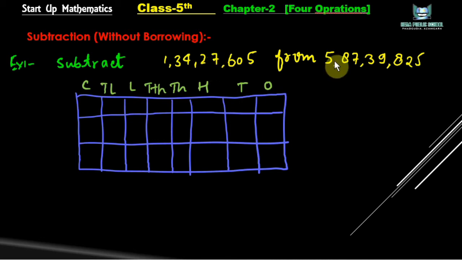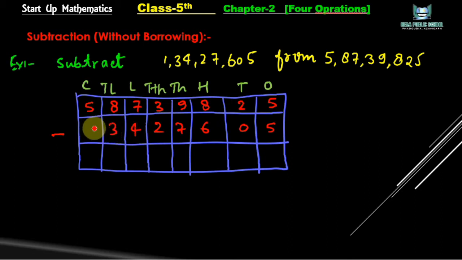So we put minuend 5 8 7 3 9 8 2 5 minus subtrahend 1 3 4 2 7 6 0 5, written in columns. Now we are going to subtract.